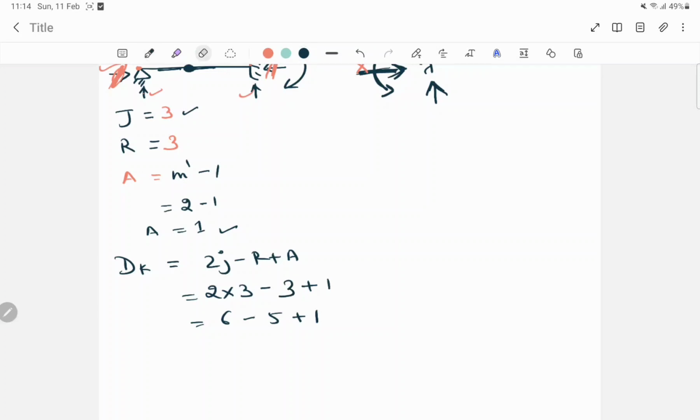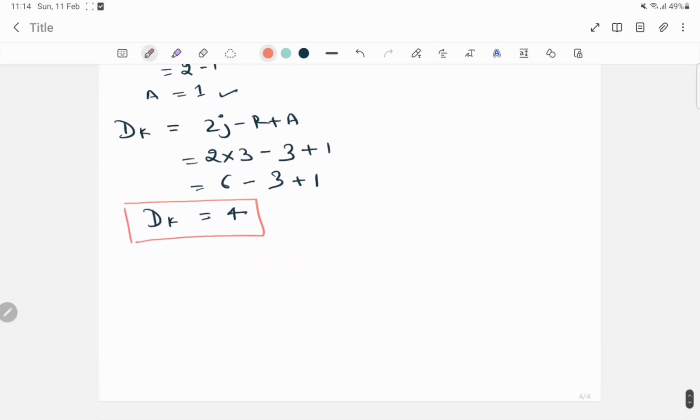So 3 ones are 3, 3 twos are 6, and here it will be 3. So the answer will be 7 minus 3, which is 4. So the dk value is 4. For this type of beam, the degree of kinematic indeterminacy is equal to 4.